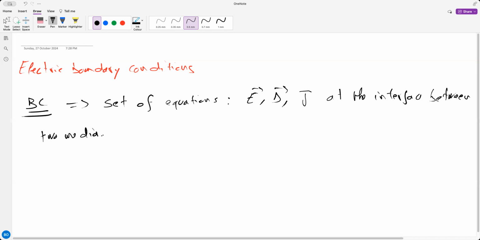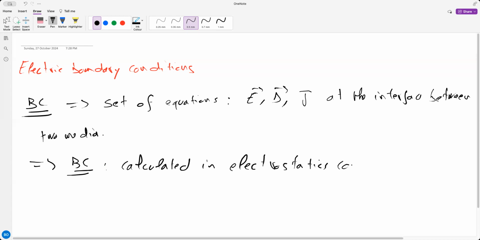Okay. Now, of course, those boundary conditions will be calculated in electrostatic conditions. Okay, who can remind me what is electrostatic condition? Who can remind me what is electrostatic condition?